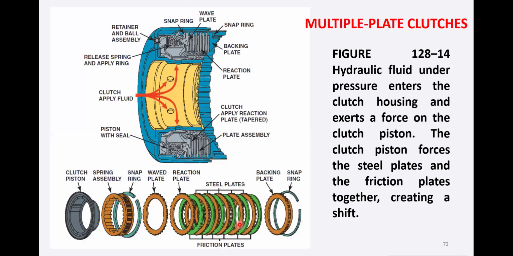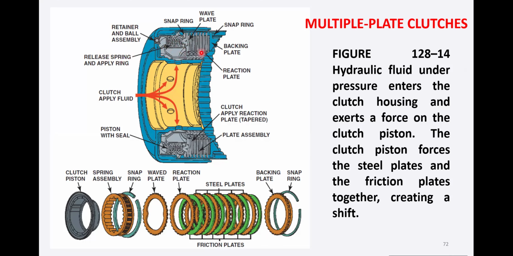So let's see this. We have this clutch applying fluid here with the help of the input shaft. These are the ports or openings from where the hydraulic pressure is applied. These are the retainer ball assemblies, and these are the snap rings, release spring and applying ring.